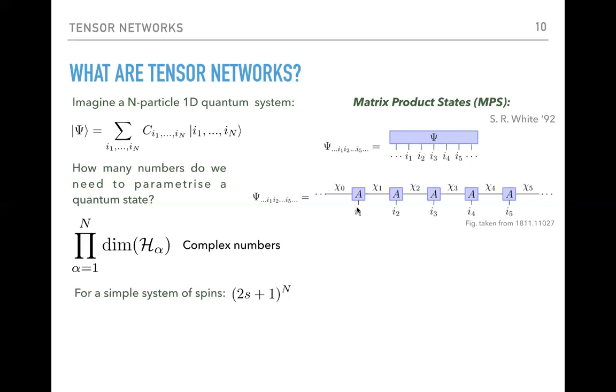This tensor has one physical index, which is the same index as here, so it denotes in which state this degree of freedom is. And then it has additionally some virtual legs that allow for communication between the neighboring sites.